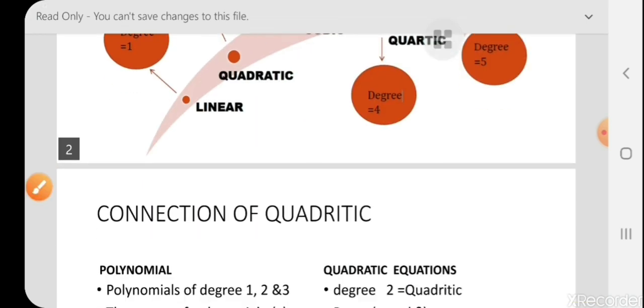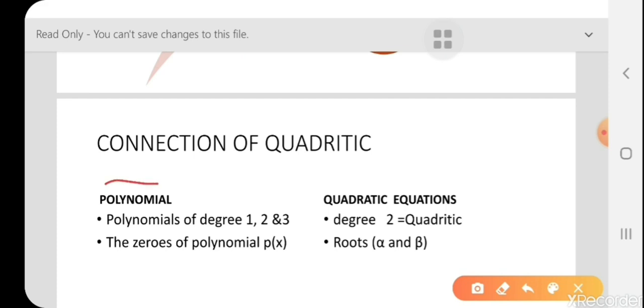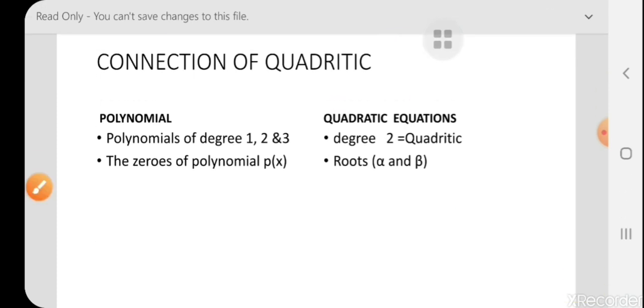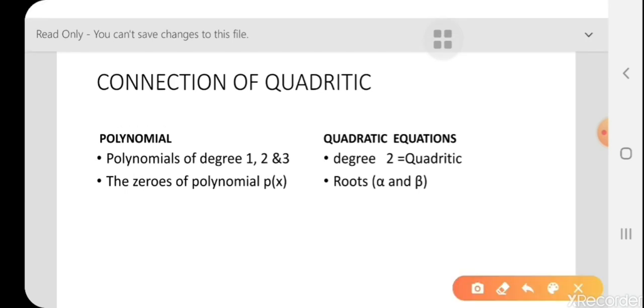Now I will show some connection from the polynomial equation to the quadratic equation. In polynomial equations, variables are many, but in quadratic equations, the variable is 1. The degree of polynomials may be 1 to 3, but in quadratic equations, it is only 2. Degree is only 2 and variable is only 1.